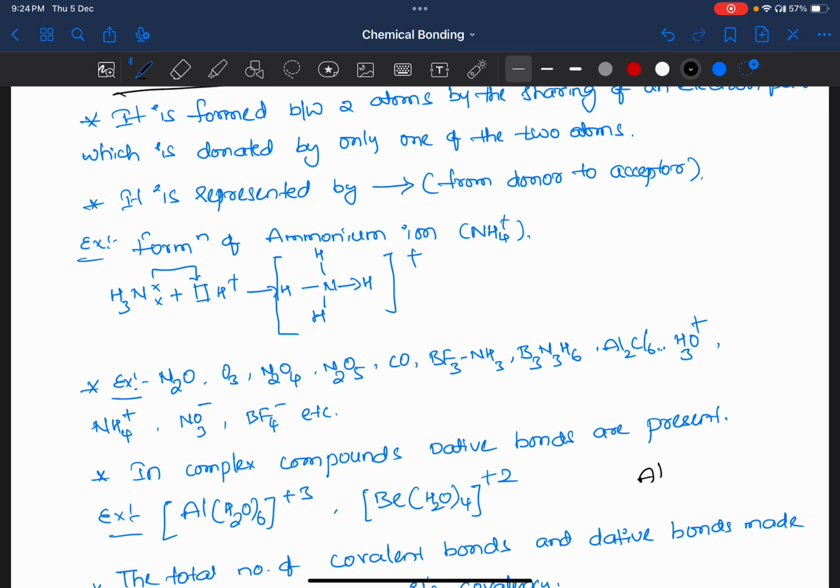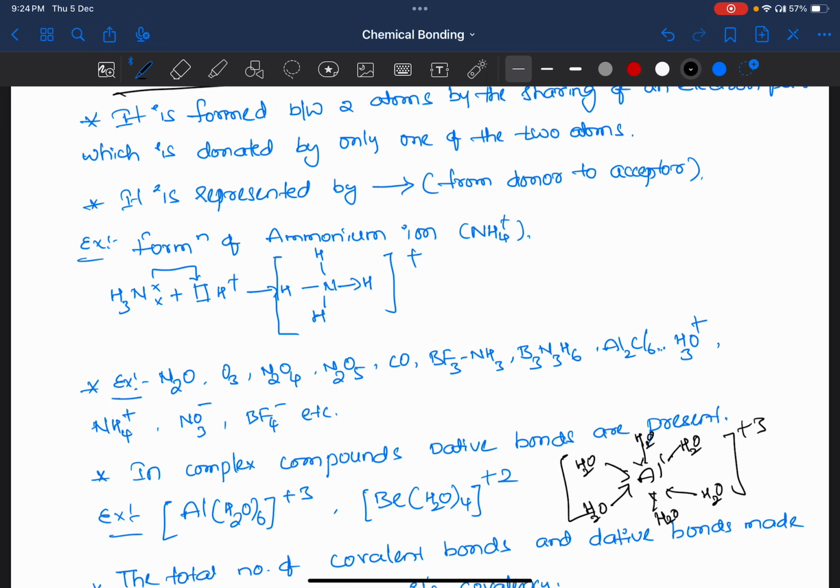I write the structure of aluminium, and here six water molecules donate their electron pairs to the aluminium ion. In this complex compound, six dative bonds are present.